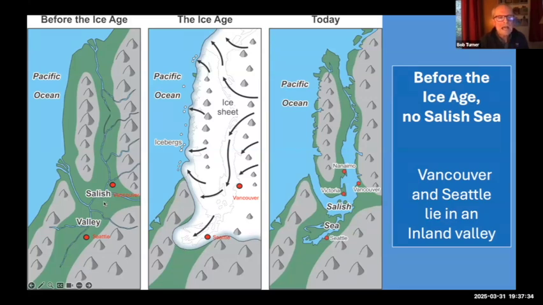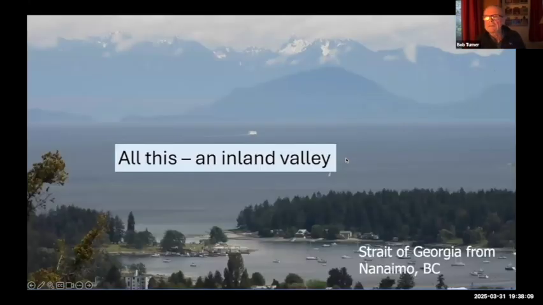This is likely the type of geography that existed prior to the Ice Age, where Vancouver and Seattle would have sat in an interior valley, very much like Portland does today, or Redding, California. And it was only the Ice Age scour that essentially carved out these valley systems and converted them into the inland sea that we know today, which is a big thought.